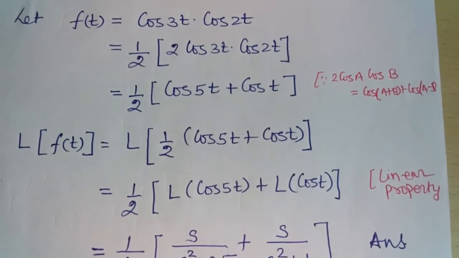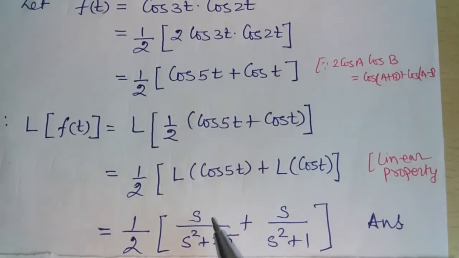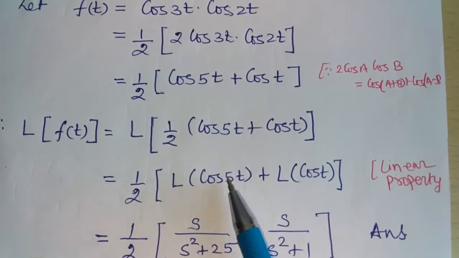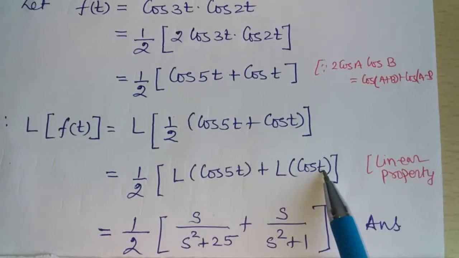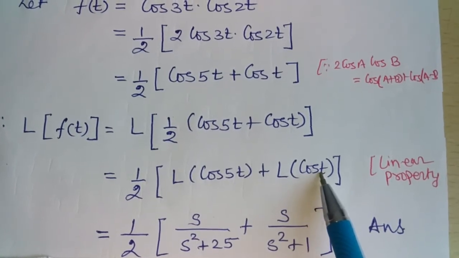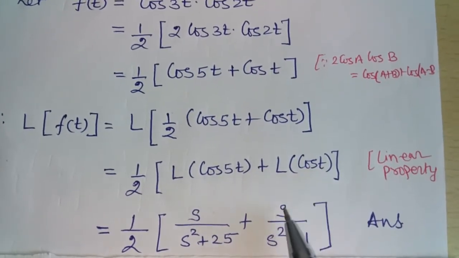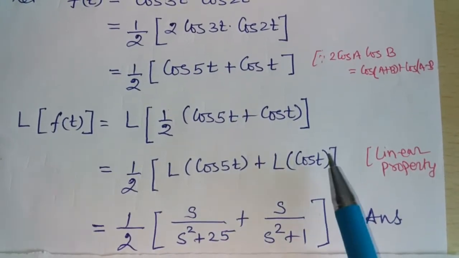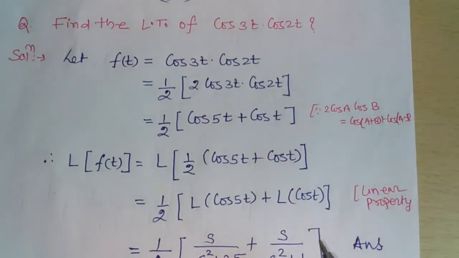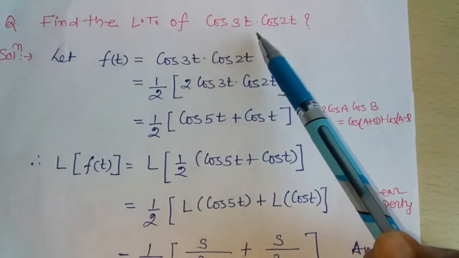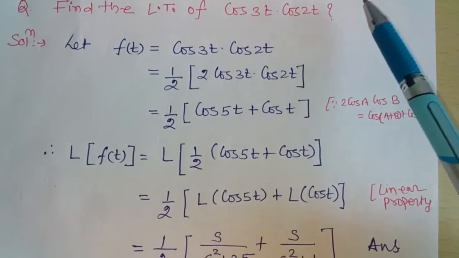So we get 1 by 2 [s upon s square plus a square. Here a is 5, so a square is 25. Plus again Laplace transform of cos at, here a is 1. So Laplace transform of cos at is s upon s square plus a square. Here a is 1, so a square is 1.] So this is the Laplace transform of the function cos 3t into cos 2t.